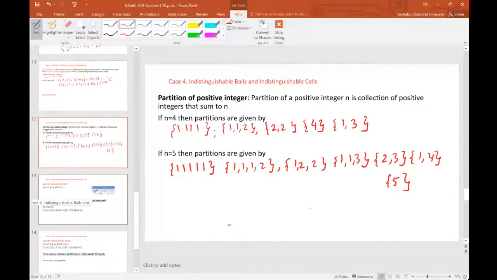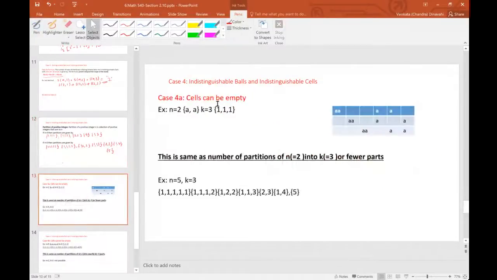Let us come to case 4a. Now cells can be empty. So let us say n equals 2 and k equals 3. That means you have two indistinguishable balls and three indistinguishable cells.